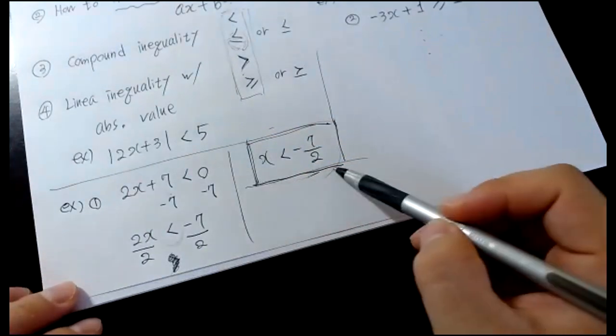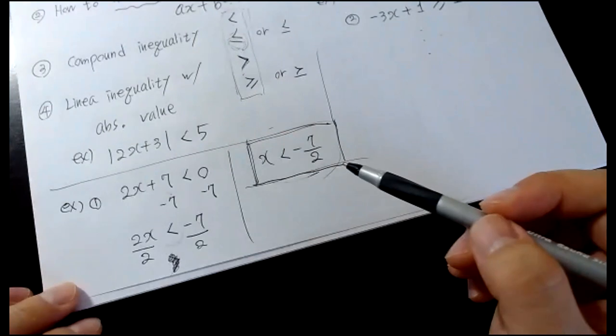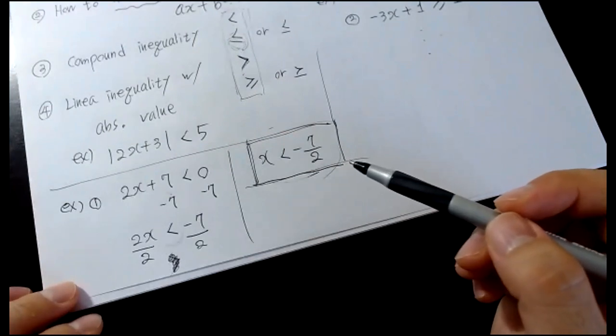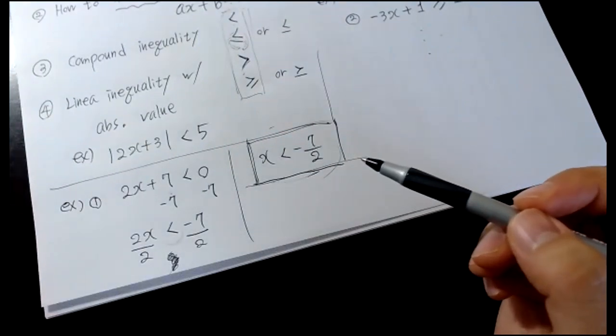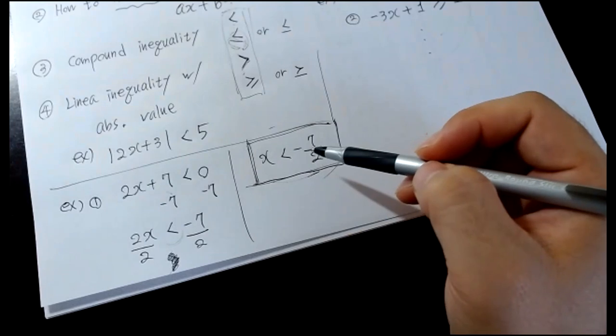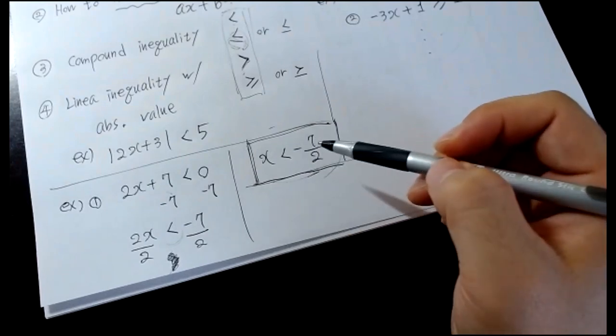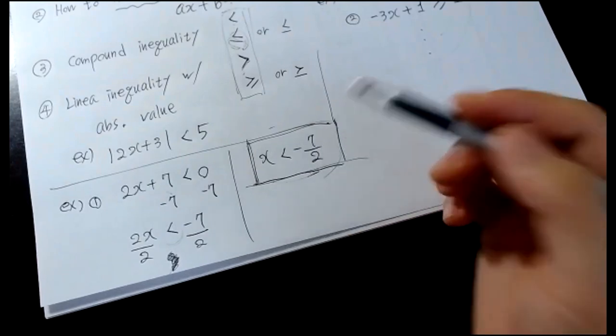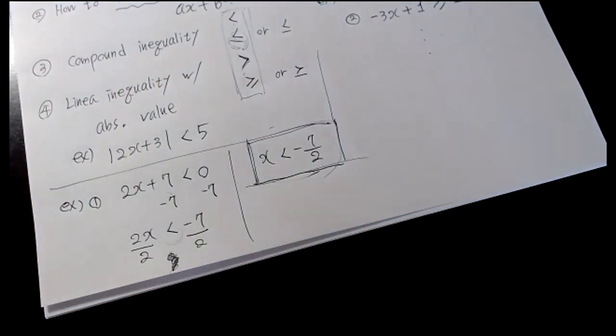So we cannot say this is the answer. But how can you describe all of the numbers? Look at this: x is less than negative 7 over 2. It means that any number less than negative 7 over 2 should be a solution, right? So how can you describe the set of such numbers in mathematics?